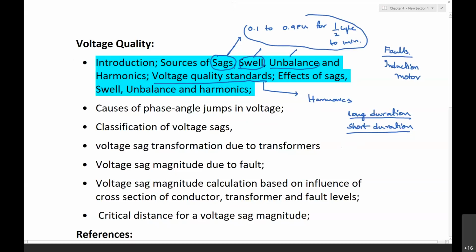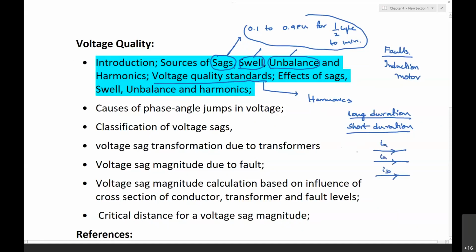Whereas unbalance is due to the uneven connection of the loads. Maybe the loads in a particular phase are overloaded while the other phases are lightly loaded. Because of that, we have unbalanced currents flowing in a line, like IA, IB and IC.